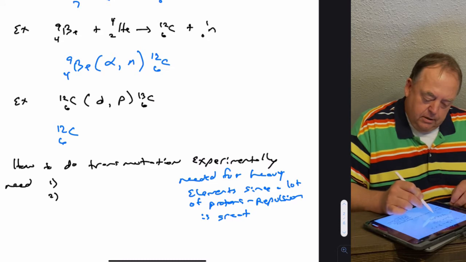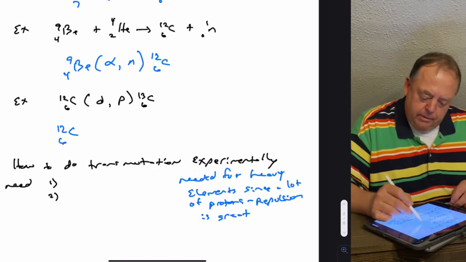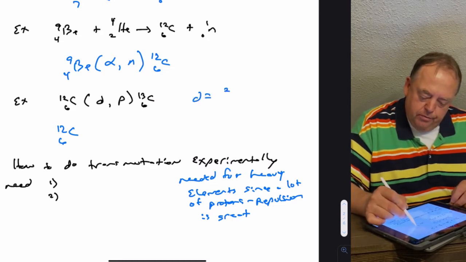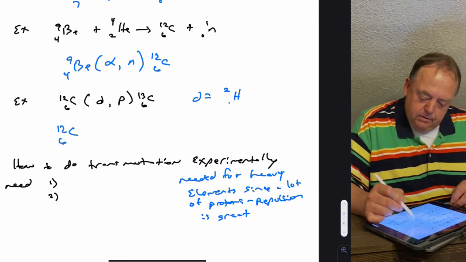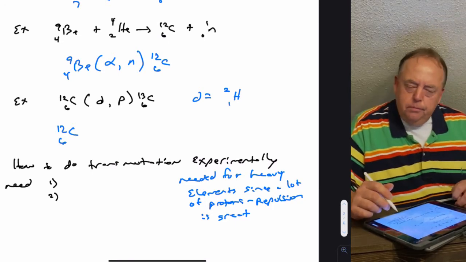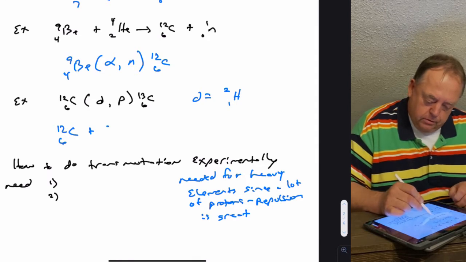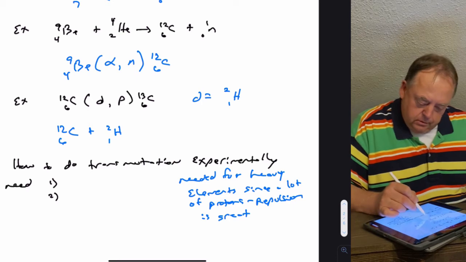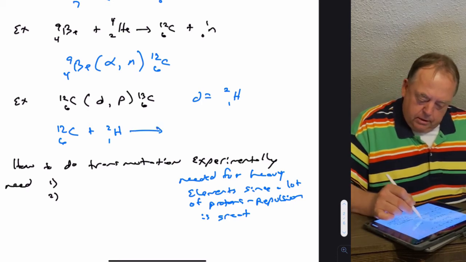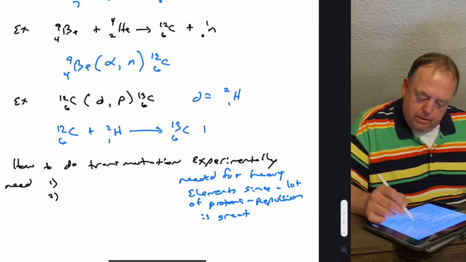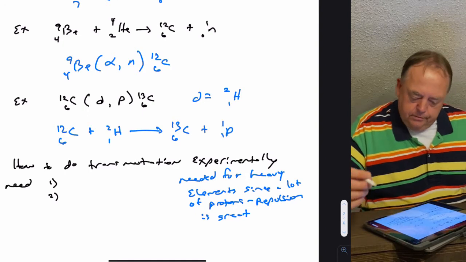Carbon-12 nucleus, where D means deuterium, so it's H-2. You bombard that with a deuterium particle, and then a carbon-13 nucleus is made with the ejection of a proton.